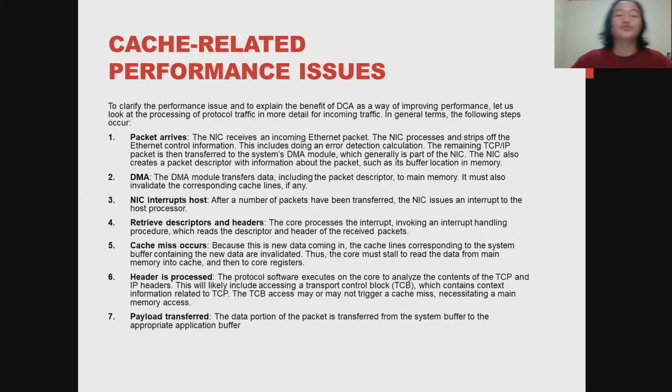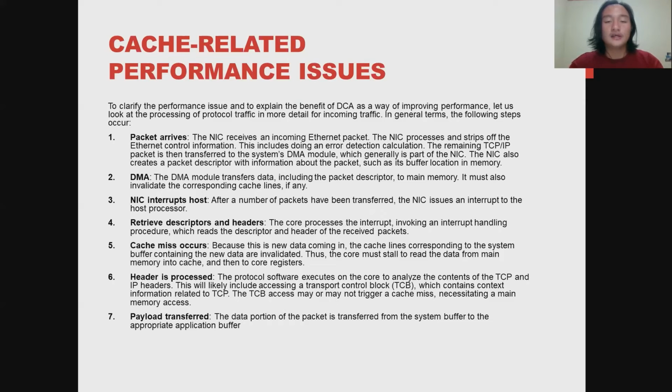Cache-related performance issue. To clarify the performance issue, we need to first explain the benefit of DCA as a way of improving performance. Let us first look at the processing of protocol traffic in more detail for incoming traffic. In general terms, the following steps occur. The packet arrives. The NIC receives an incoming Ethernet packet. The NIC processes and strips off the Ethernet control information.